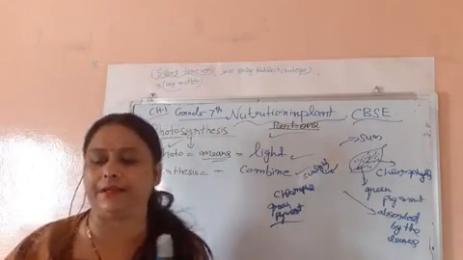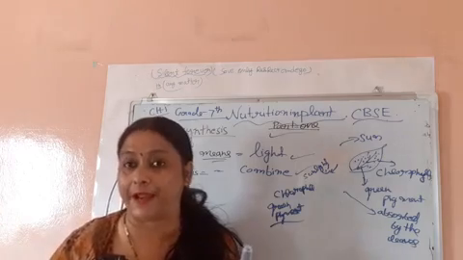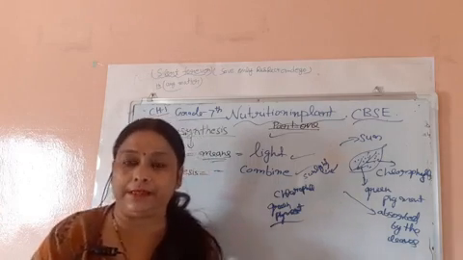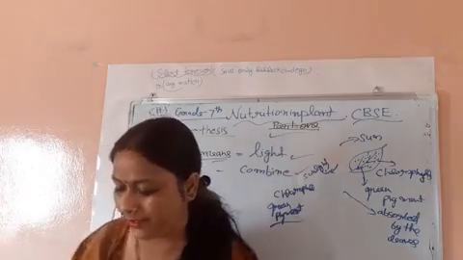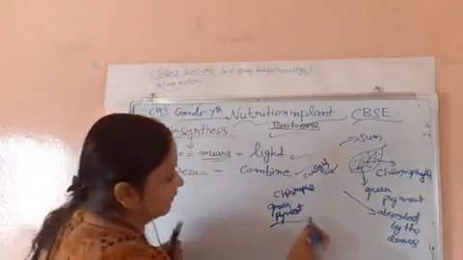This energy is very necessary for the food made by plants. This food is present in the form of energy as carbohydrate. So here we can write sunlight, and this is a plant.